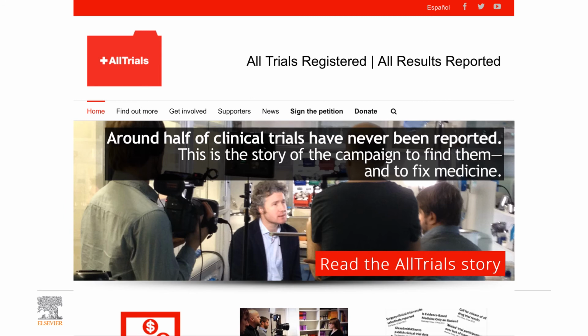And the All Trials campaign insists that all trials are registered and subsequently that all results from trials are reported. This is to aid transparency and to try to get rid of publication bias and the bottom drawer phenomenon, whereby trials which don't appear to support a researcher's or particularly a drug company's hypothesis get ignored.